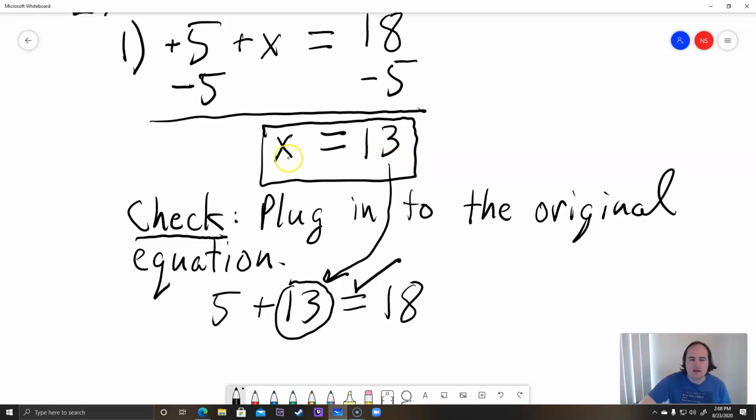Okay, but what we say here is x equals 13 is a solution to the equation. Okay, so it's a solution to the equation because when we plug it in, it gives us an equation that's true. Okay, so x equals 13 is a solution.